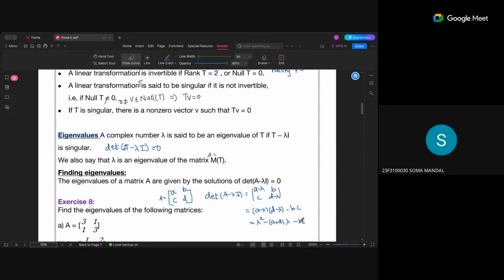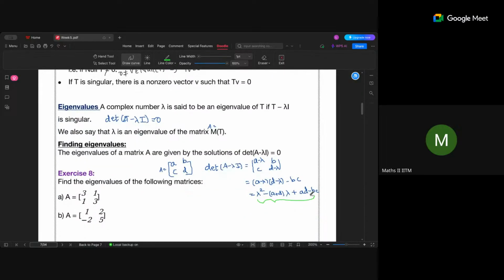Ma'am, there is another term, AD. Yes, AD minus BC. So do you see this as a polynomial in lambda, of degree 2?